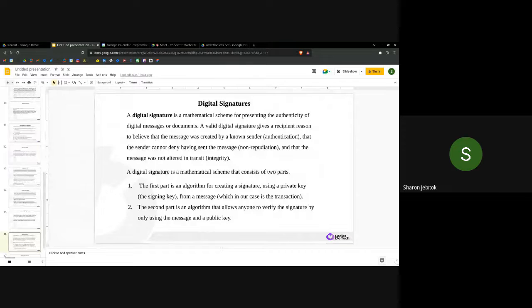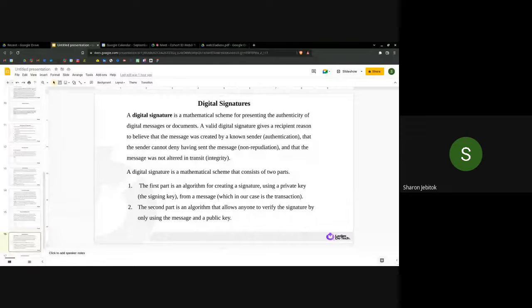And then, we'd say that the digital signature is a mathematical scheme for authenticating digital messages or documents. So let's see what really makes up the mathematical scheme for these digital signatures. We have two parts. One of them is an algorithm for creating a signature from a message using a private key, or signing key.